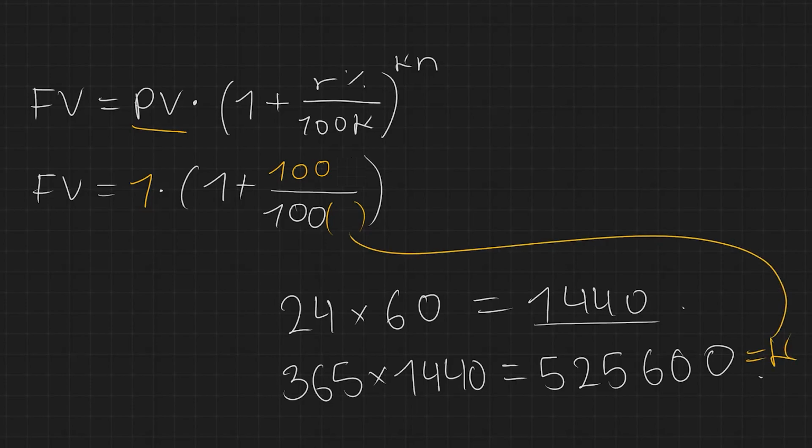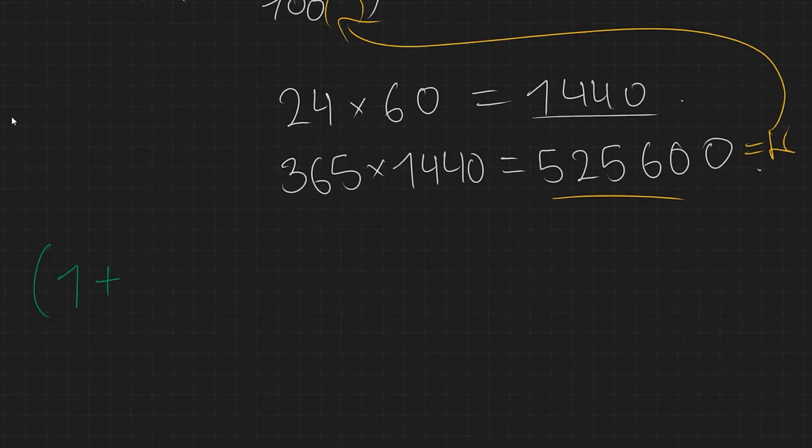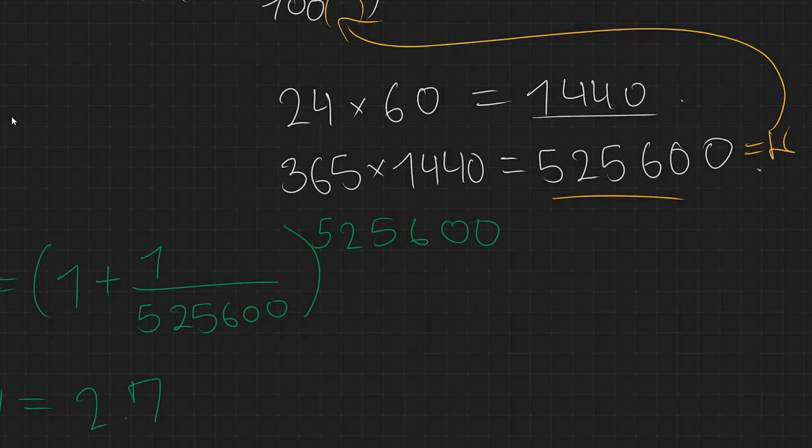And when we actually put this value in our calculator, so 1 plus 100%, or well, we could just do 1 and cancel out the zeros, over 525,600 to the power of 525,600. If you put this into your calculator, the answer is around 2.718, continuing on.